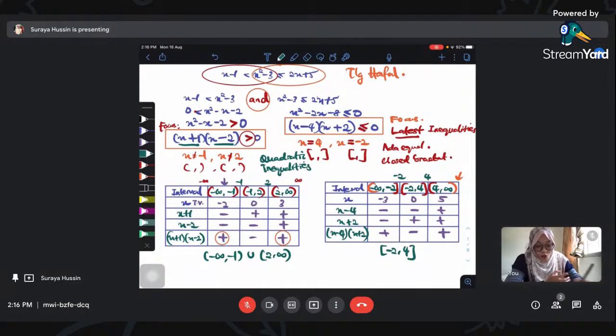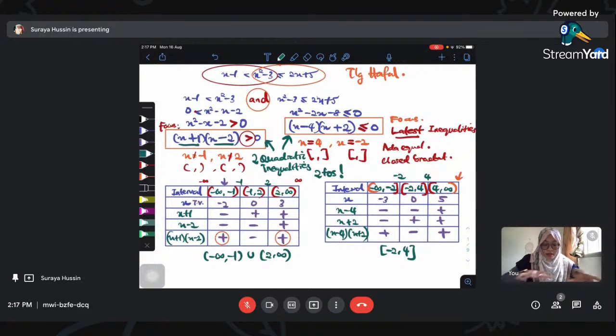Saya ajar supaya kamu juga boleh aplikasikan menyebut nama-nama tersebut. Quadratic inequalities. Jumpa sahaja quadratic, satu quadratic inequalities mean akan ada satu TOS. Since dekat sini ada dua quadratic inequalities, means you will have dua TOS.